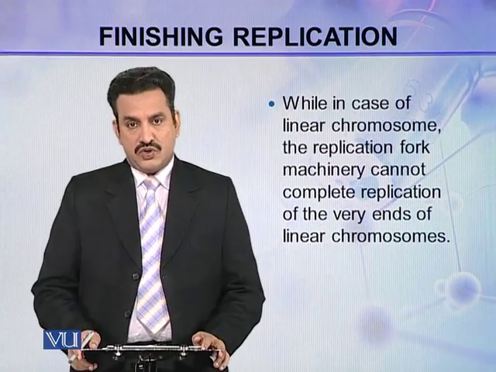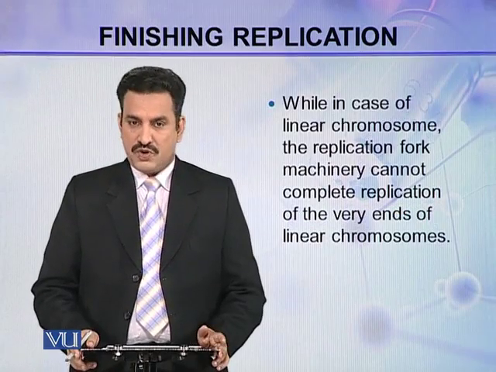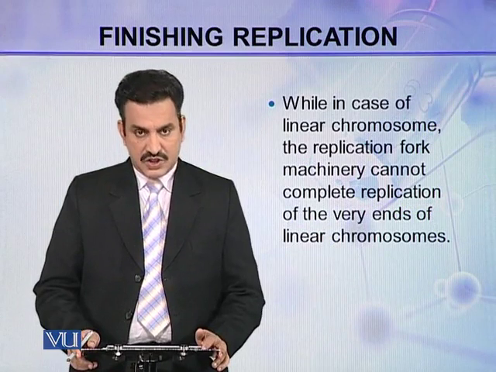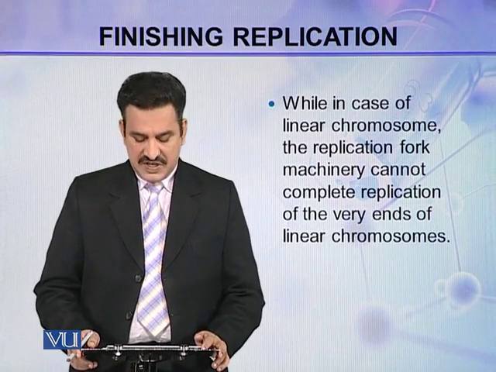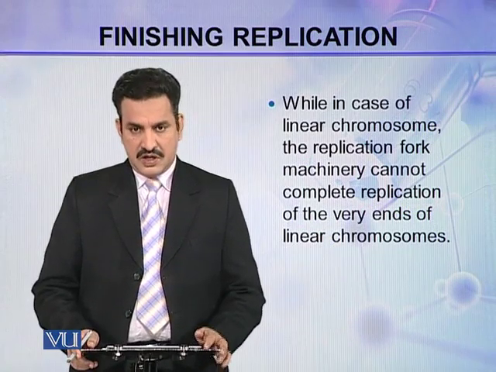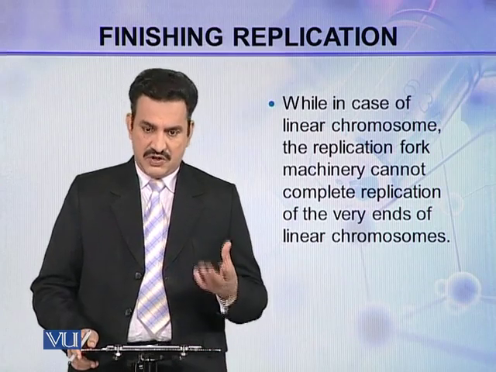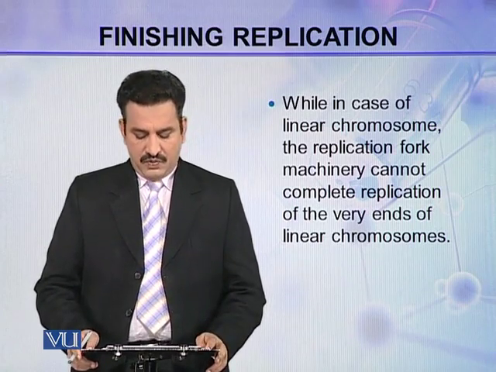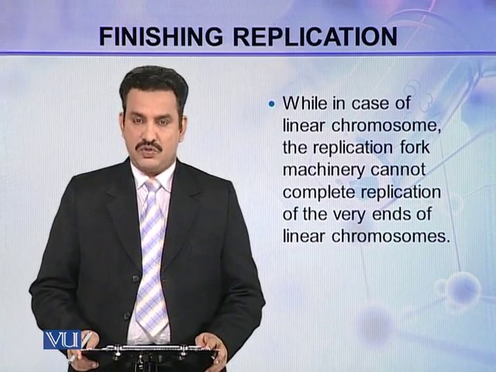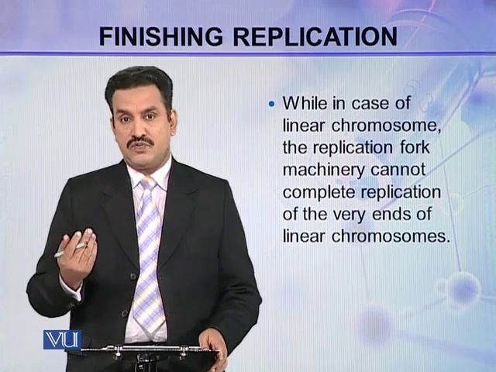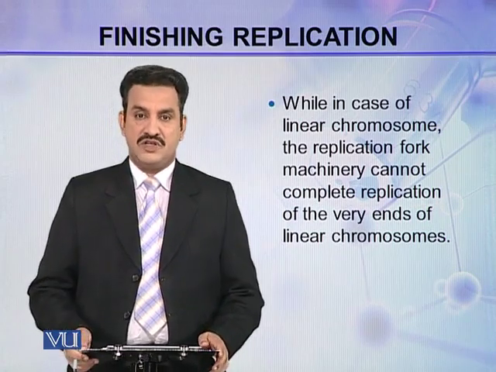While in case of linear chromosomes, the problem is different. The replication machinery cannot completely complete the replication of the very ends of the linear chromosomes. These very ends of the chromosomes are called telomeres.